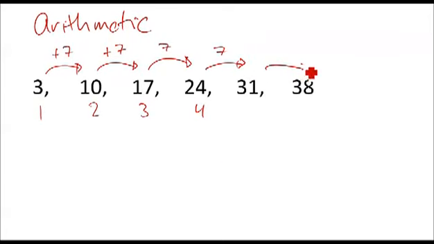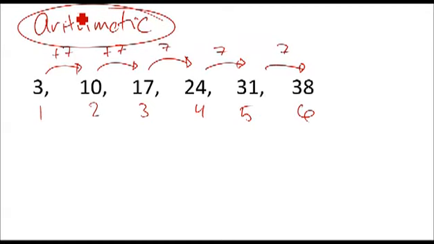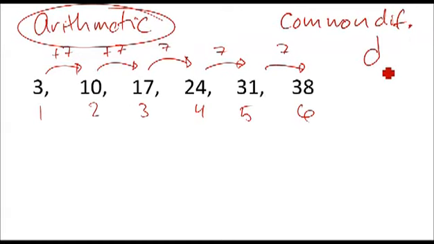Now, that's the key way of identifying whether or not a sequence of numbers is arithmetic. It is arithmetic if they have a common difference. And we typically use the variable d to denote the common difference between the terms of my sequence.